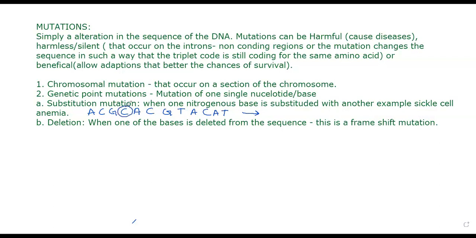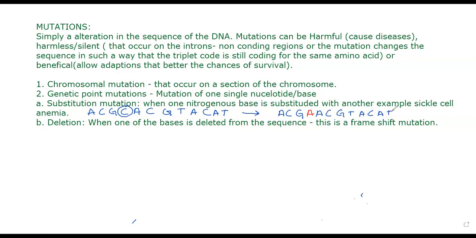In substitution, one of the nucleotide bases is going to be substituted or replaced with another. So for example, instead of getting another C, there has been a substitution, and now I have A. The rest of the sequence remains the same: A, C, G, T, A, C, A, T.